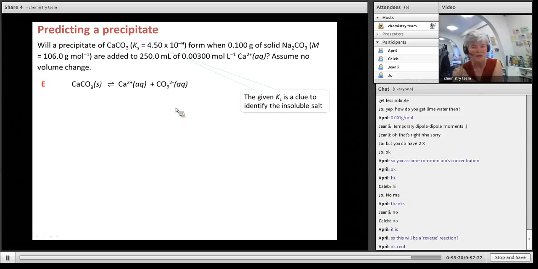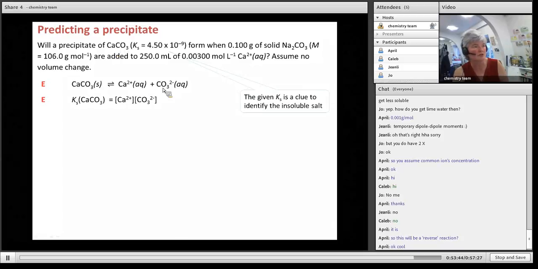Okay, so once you've done the equation, and it's always the equation of the insoluble substance or sparingly soluble substance, you do your expression, because now you know your ratios, you know whether you've got to square them or not. And remember, hopefully you will see the ratio of 1 calcium to 1 carbonate.